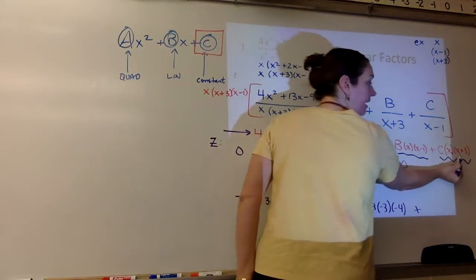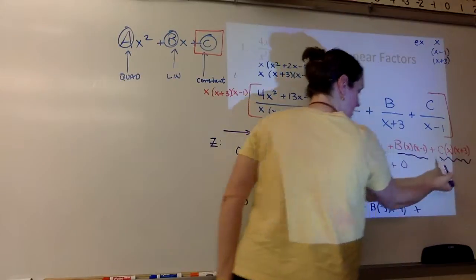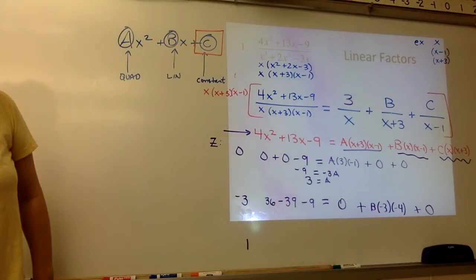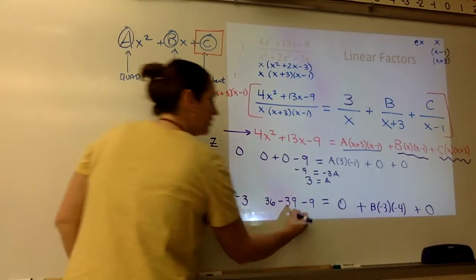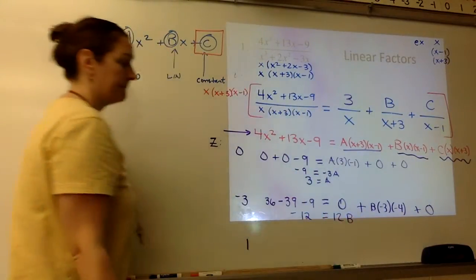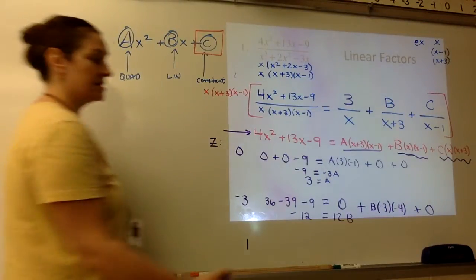Plug a negative 3 in here, I get 0. So this one also goes to 0. Woo, good times. So negative 12 is equal to 12B. What's B? B is negative 1.